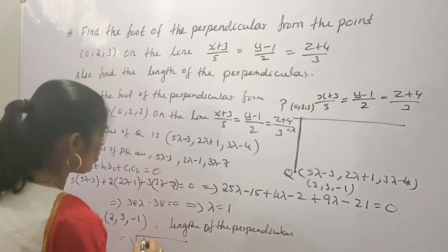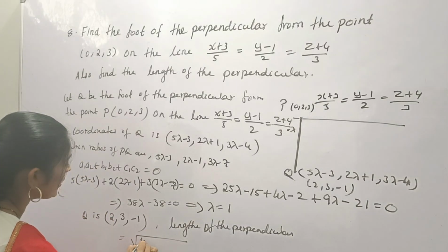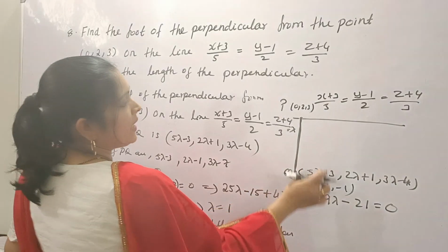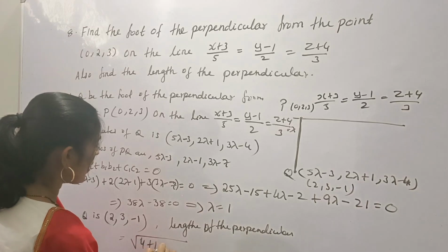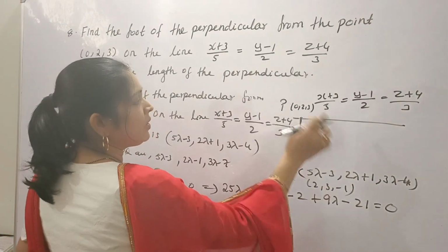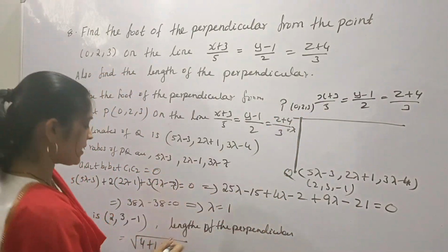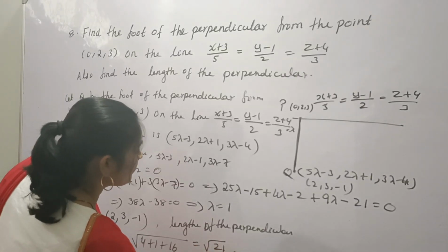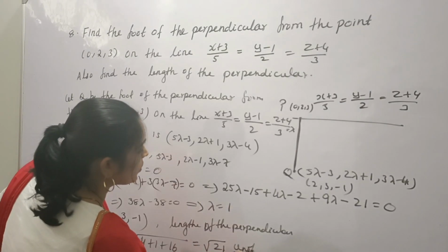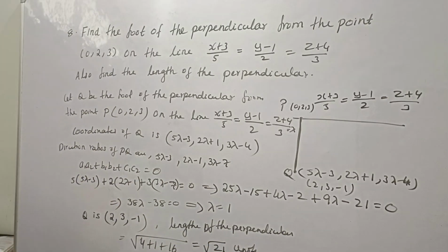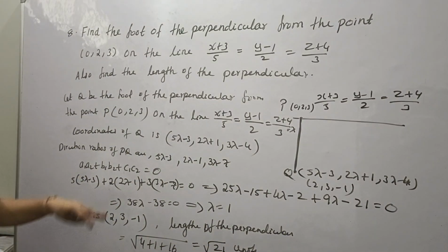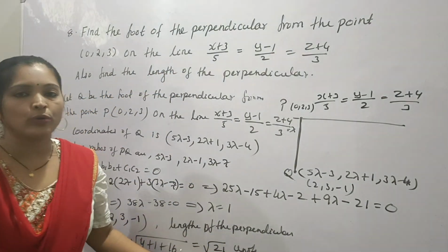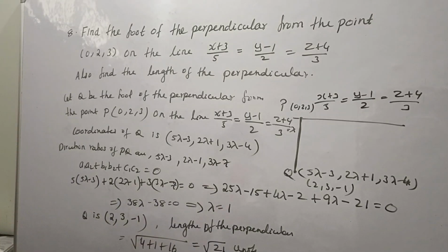So (2 minus 0) square, that is 2 square, 4, plus (3 minus 2) square, that is 1, plus (minus 1 minus 3) that is minus 4 square, 16, which is equal to square root of 21 units. Okay. So the length of the perpendicular is square root of 21 units.